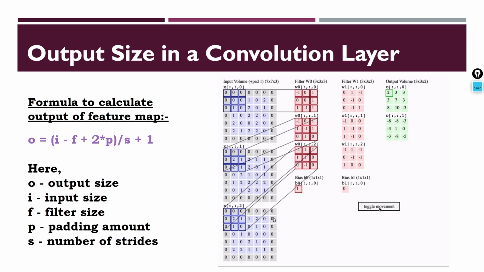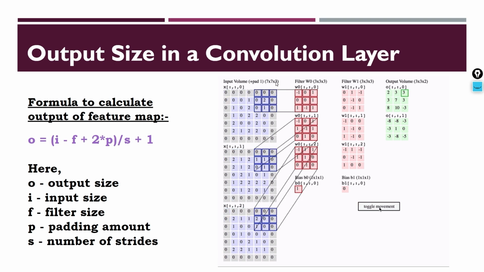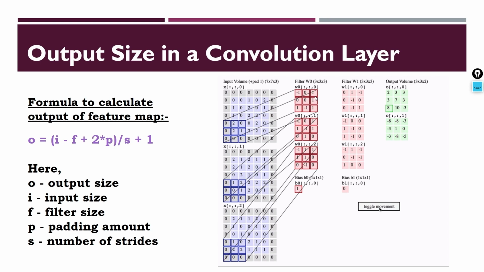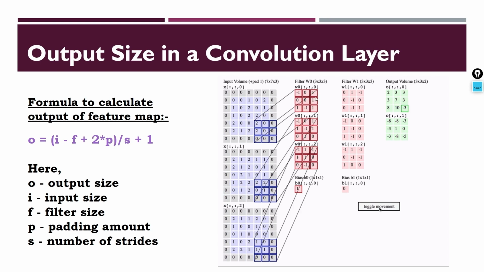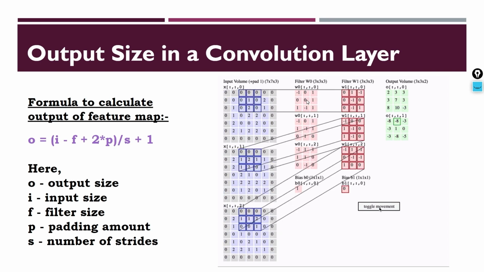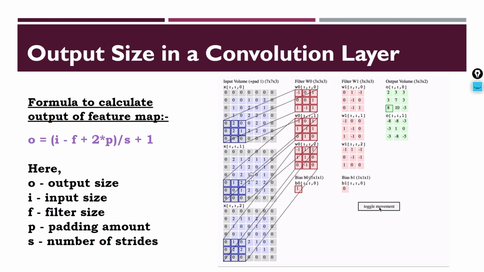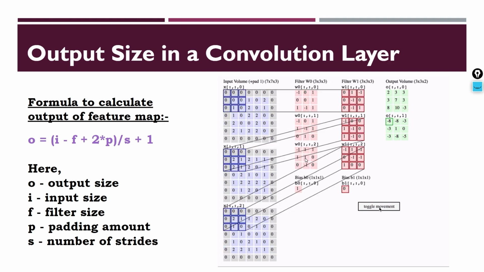So let's say in your input image you had 8 different depths, or let's say 8 different channels. The filter that's going to be convolved with this image must have 8 channels as well. Only then this kind of multiplication is going to happen in a proper way.